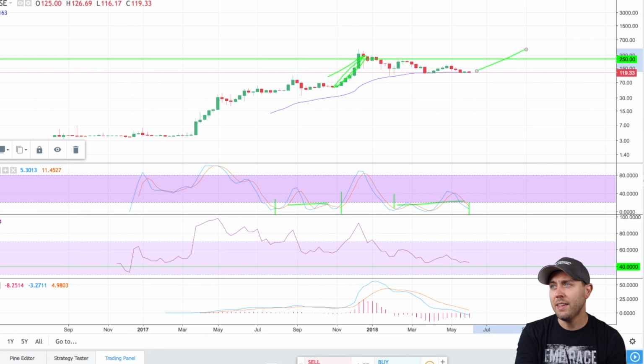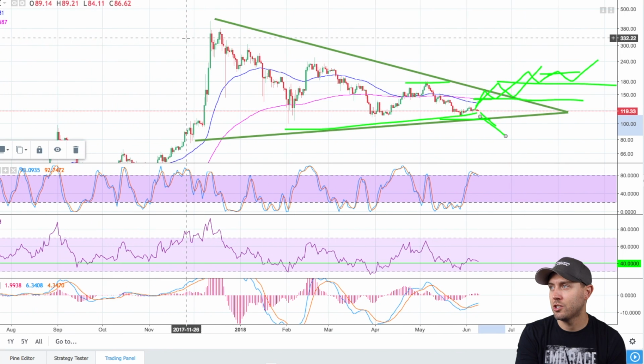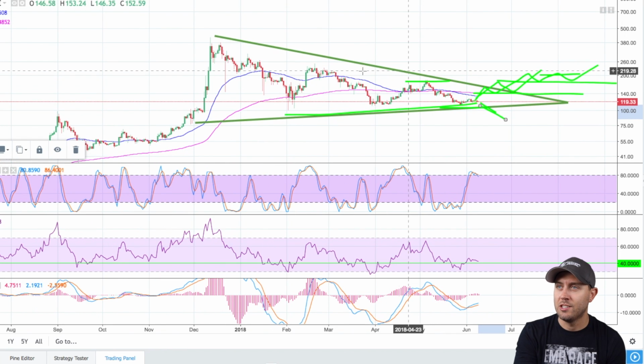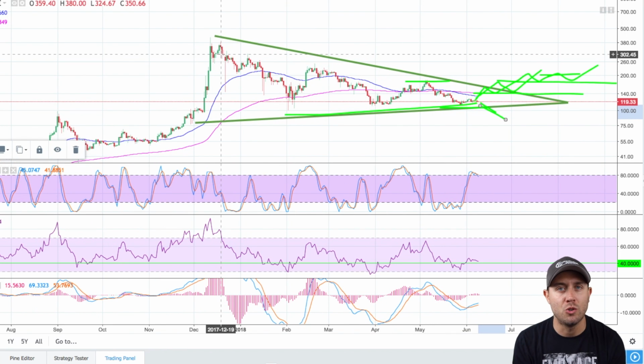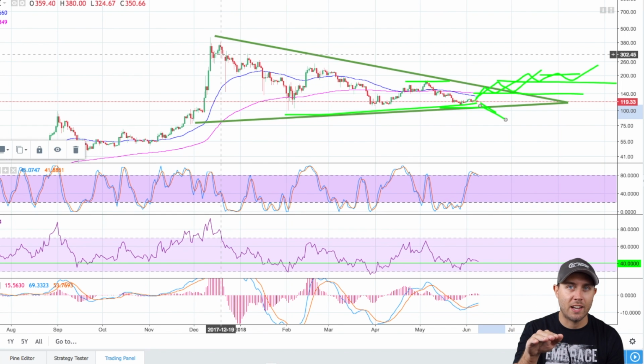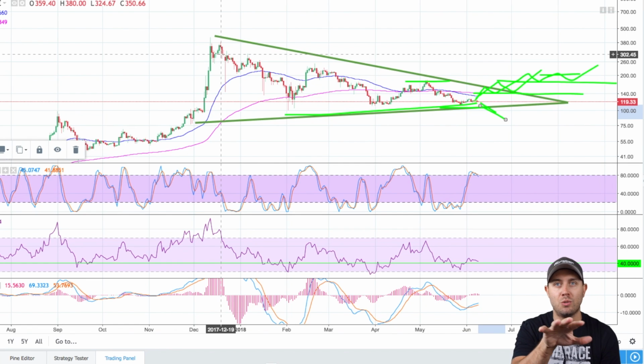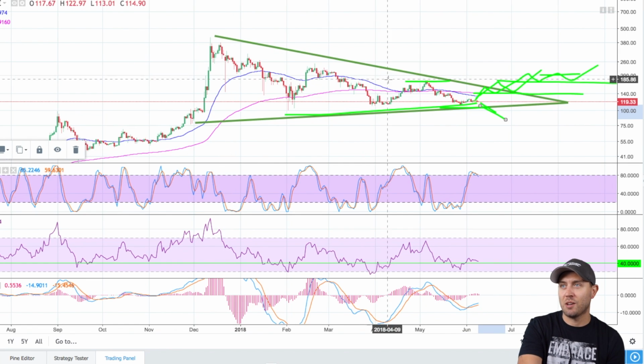So I think it's crazy. Right now, you can see the daily chart, very messy, but I keep picturing it like when you skip a stone across water: it has a first high hop, and then the second hop's a little lower, and then the third hop, and then it just starts trickling into no hops. And that's what this looks like.